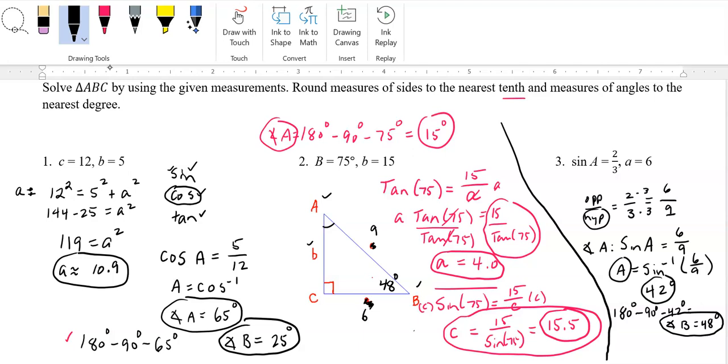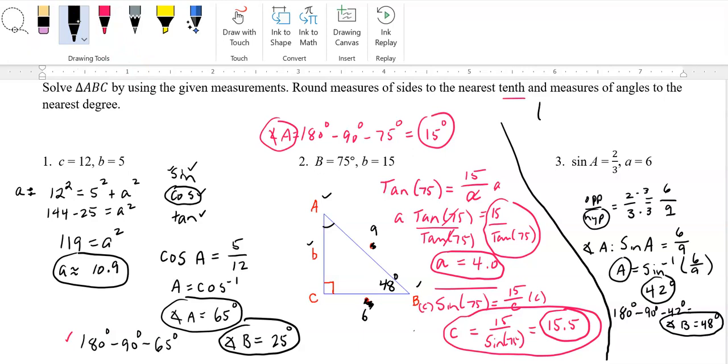And so I've got choices here. For angle B, I'm trying to find the opposite side. And I can use either, because I know both. I could use either the adjacent side, that would be tangent, or I could use opposite over hypotenuse, that would be sine. So either way, I'm going to go with tangent.